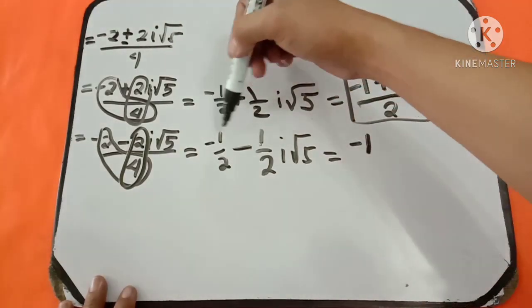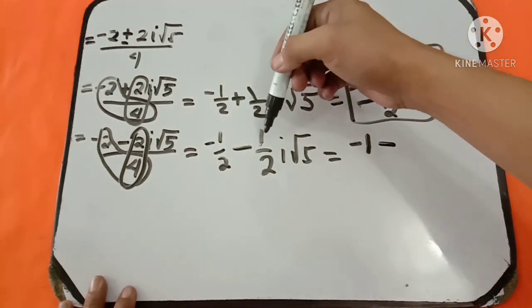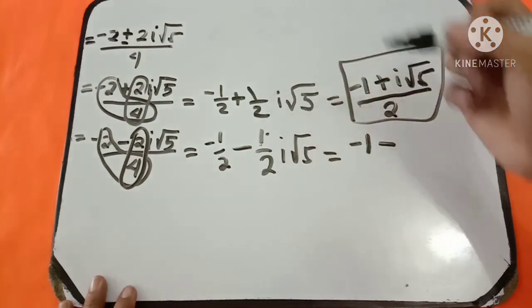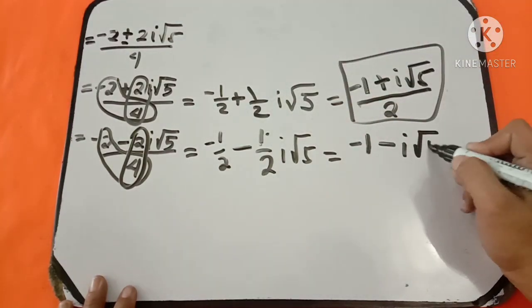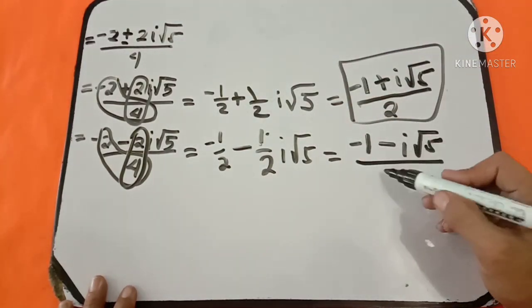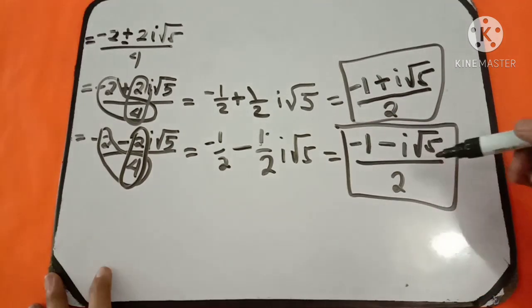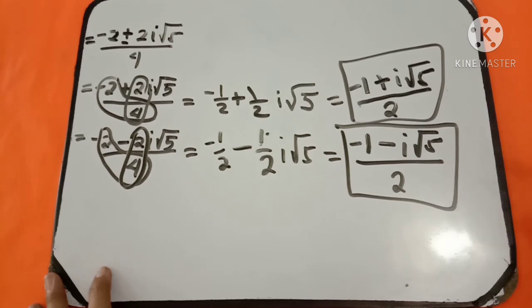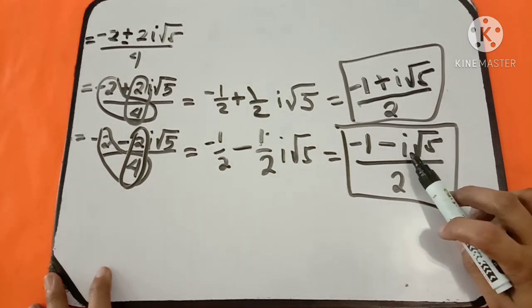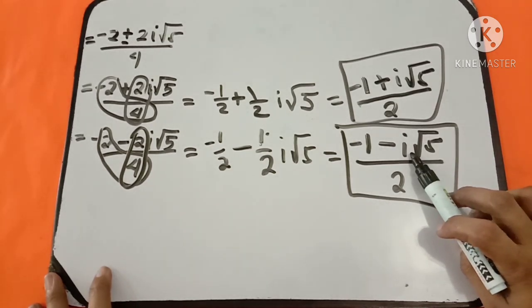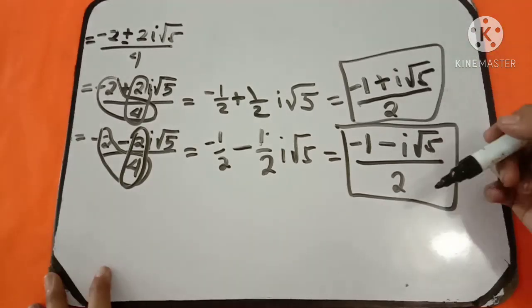So, negative 1 minus, then 1 times i square root of 5 is simply i square root of 5. Then, copy the common denominator 2. And this is also the other answer for x. So, we have imaginary answers because, if you remember, we have a radicand that is negative. I hope this is clear.